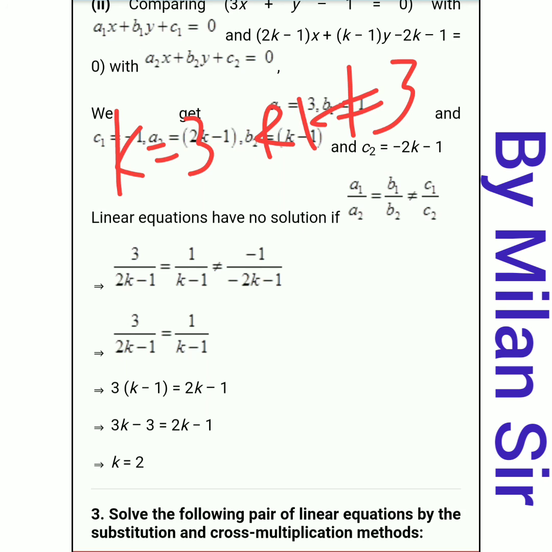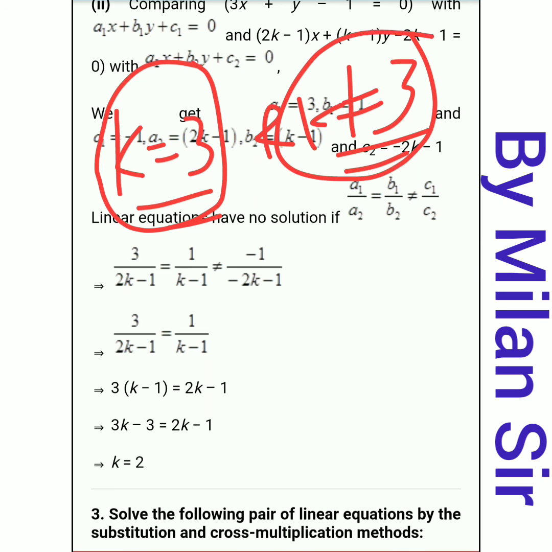Otherwise we can say that if linear equation have no solution, then we cannot find value of k. In this type of question, if you get k is equals to 3 and k is not equals to 3, that means in one condition one answer is there, but in other condition that answer is not possible. So finally we can write this value of k is not possible.